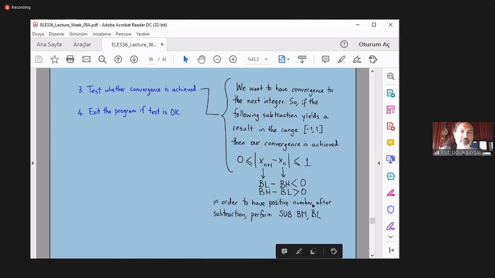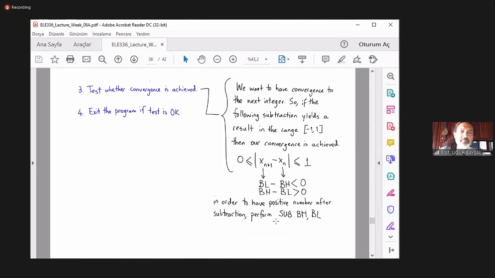In order to have a positive number after subtraction, perform subtract. Okay, so actually the absolute value here is required because we don't want to deal with negative numbers in our programming case, to be simple. So we have to check numbers.